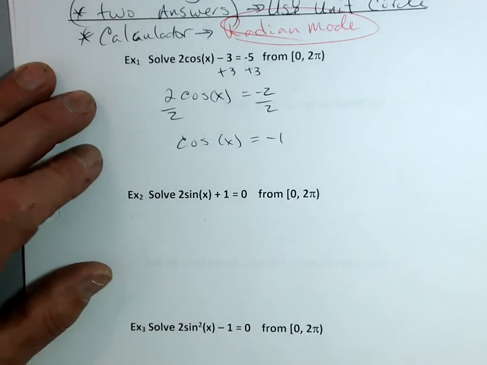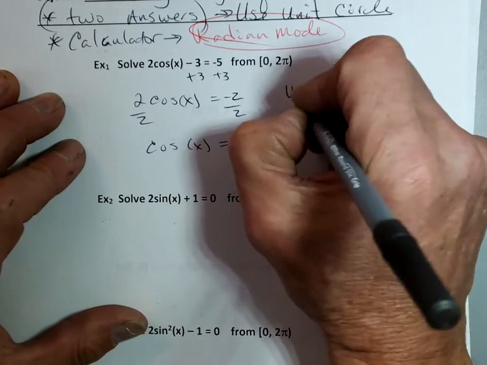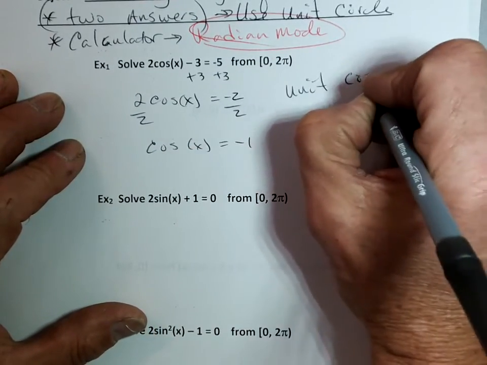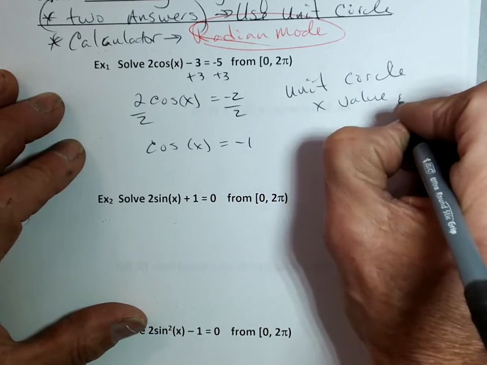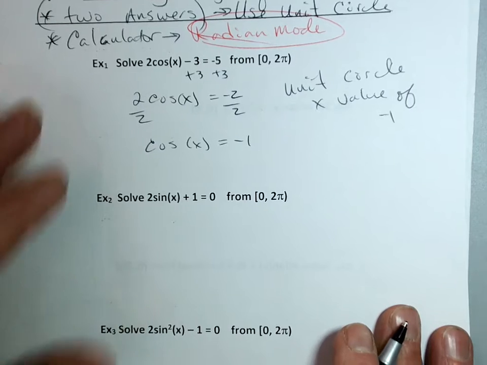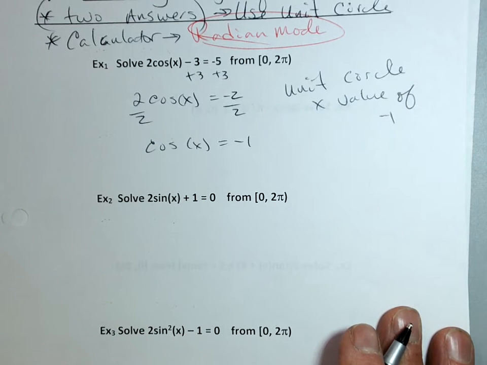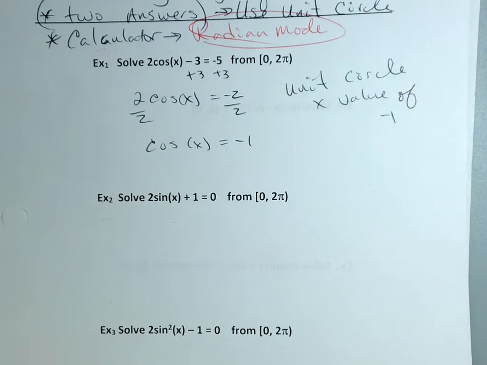Now, we're going to go to the unit circle. X value of negative 1, and it happens only in one spot. We're only going to get one answer. Okay, unit circle, x value of negative 1 is right here. So my answer is pi.